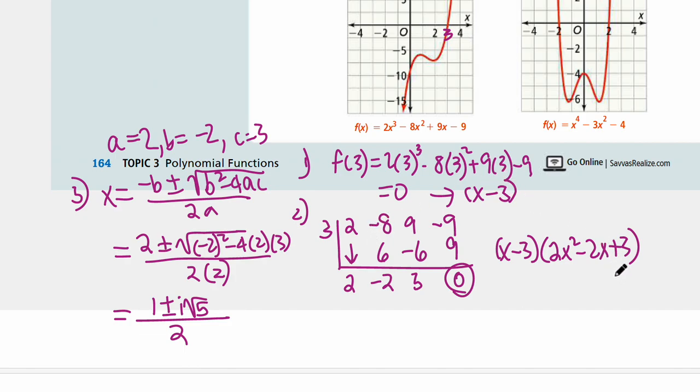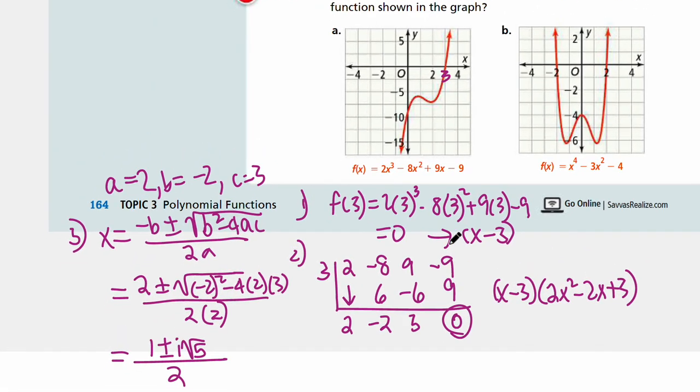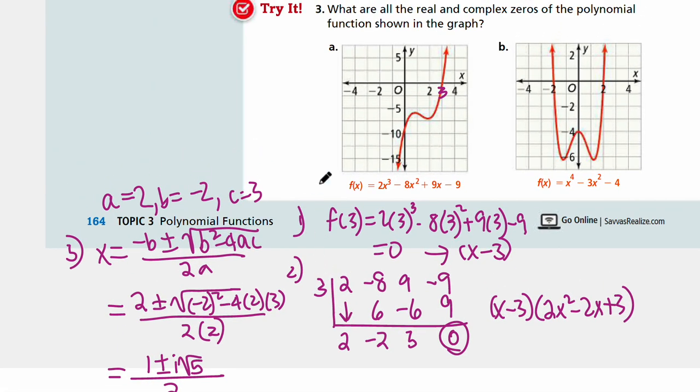Okay, so last step, just write your solutions. The real and complex zeros of the polynomial function for part A are x equals 3 and x equals 1 plus or minus i root 5 over 2.